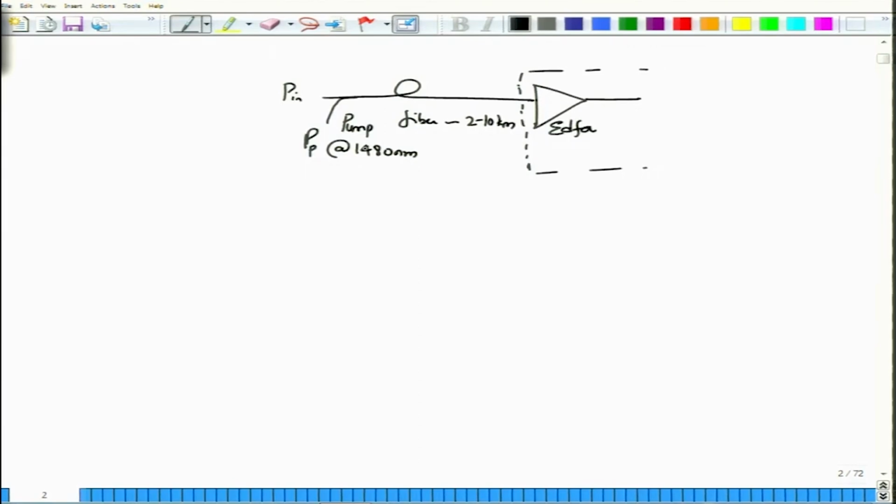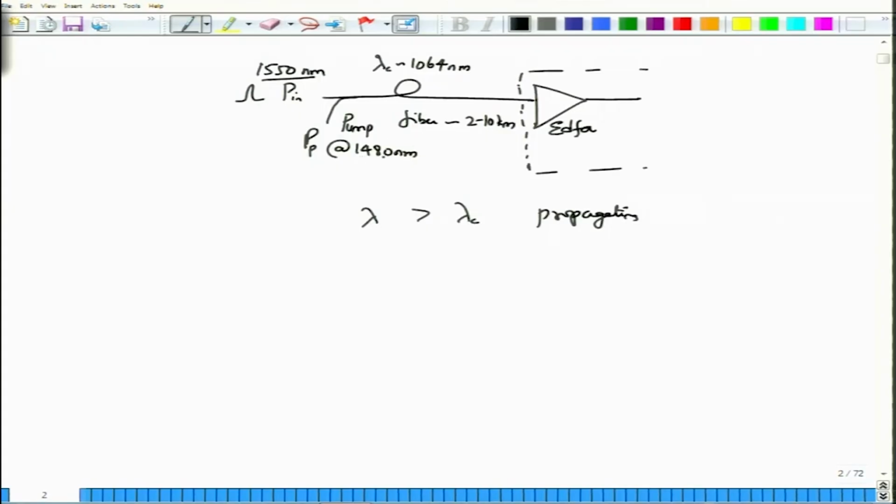The advantage here is that if this input power is around 1550 nanometer and this one happens to be a fiber, which is say a standard single mode fiber or any other fiber, the cutoff wavelength of these fibers is usually 1064 nanometer, which means that for all lambda greater than lambda c, those wavelengths actually are propagating. Because of this condition, both 1550 nanometer, which is actually carrying some information or some sort of a light pulse, will travel alongside 1480 nanometer.